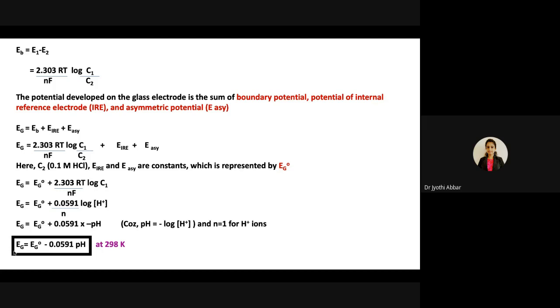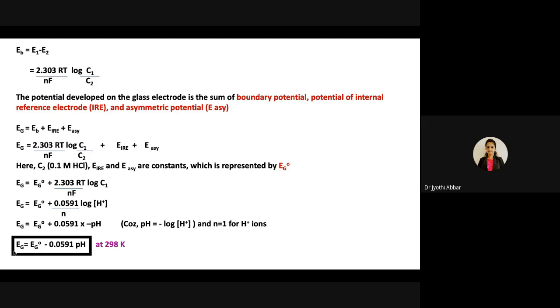This glass electrode also works even if the solutions are strong oxidizing agents. The equilibrium and the end point can be reached quickly, and it's very simple to construct. It is the most widely used electrode in determination of pH in various laboratories.